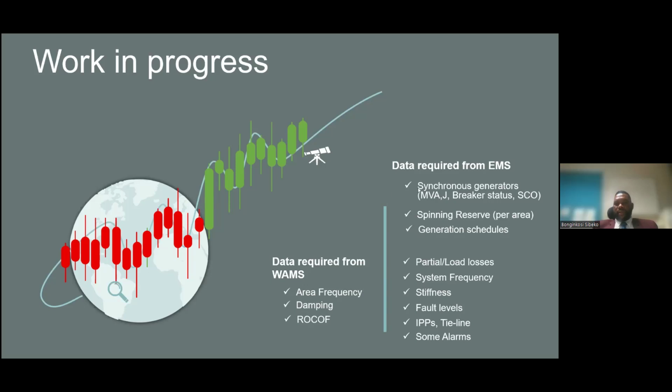We have the MVAs, we have the rotational mass of the system. We have the breaker status, and whether units are in AC or synchronous condenser mode. We know spinning reserve per area. Then we know generation schedules. We can also have partial or load losses, system frequency, stiffness, fault levels, IPPs, tie lines, and some alarms. So these are the work in progress that we're incorporating into the new tool that we're having.